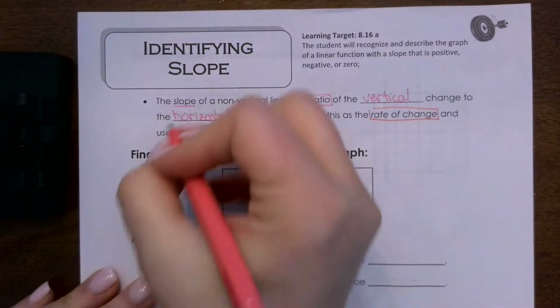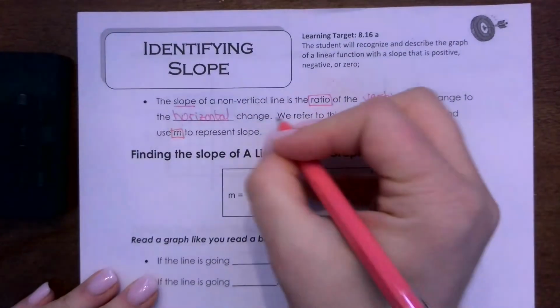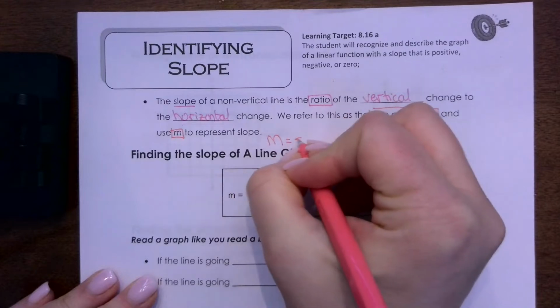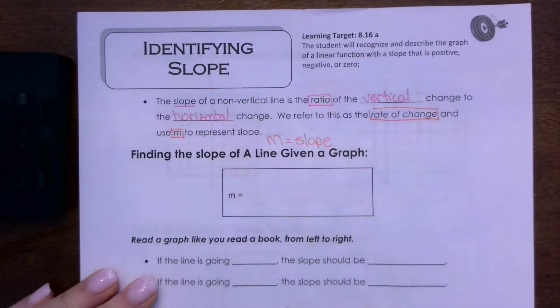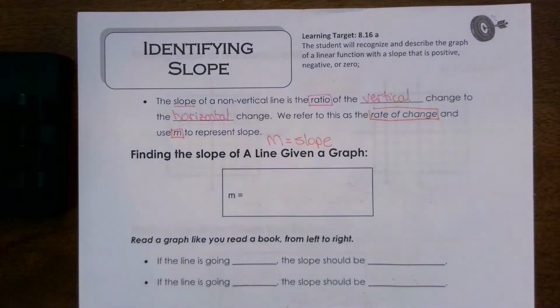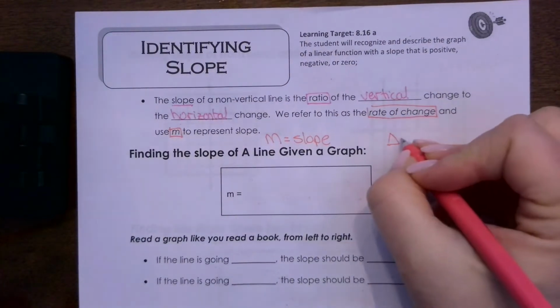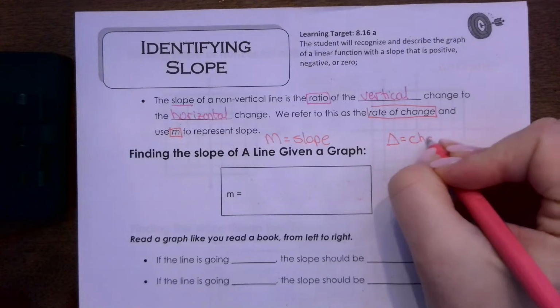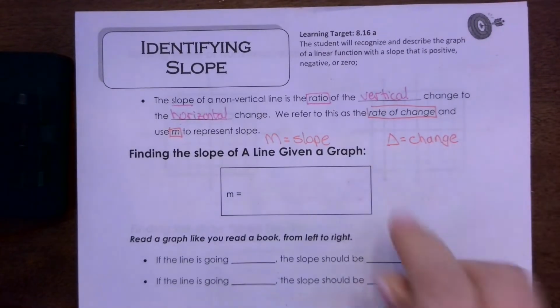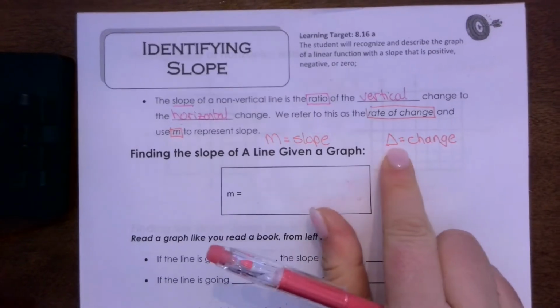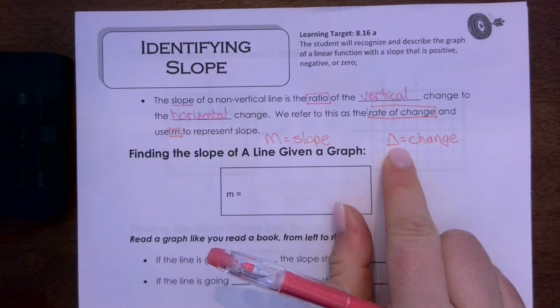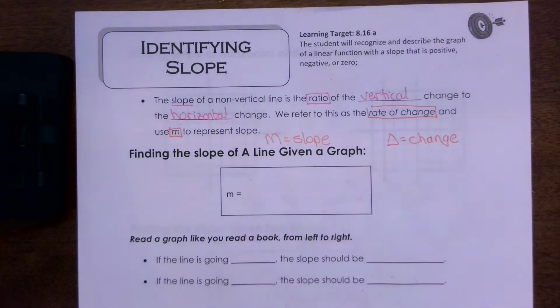And in algebra, we use the variable m to represent slope. So m equals slope. Now, as we discuss slope going forward, I'm going to use a symbol, this triangle symbol. And that triangle symbol stands for change. So when I write a triangle before perhaps a y, I mean the change in y.